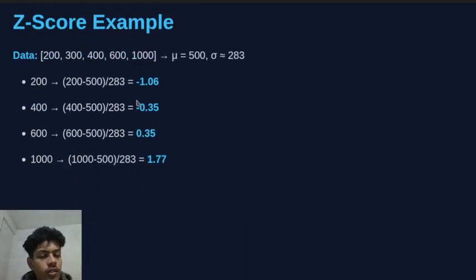Again we have used this data for z score, where we calculated the mean as 500 and the standard deviation as 283. We put in the values and got minus 1.06 for 200, minus 0.35 for 400, 0.35 for 600, and 1.77 for 1000.